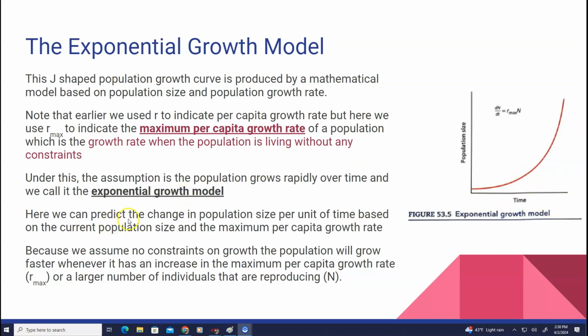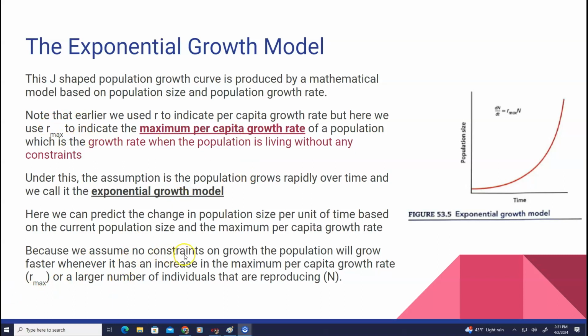So here we can predict the change in population size per unit of time based on the current population size and the maximum per capita growth rate. The maximum per capita growth rate is the growth rate when the population is living without any constraints. So we will use R max for the maximum per capita growth rate.